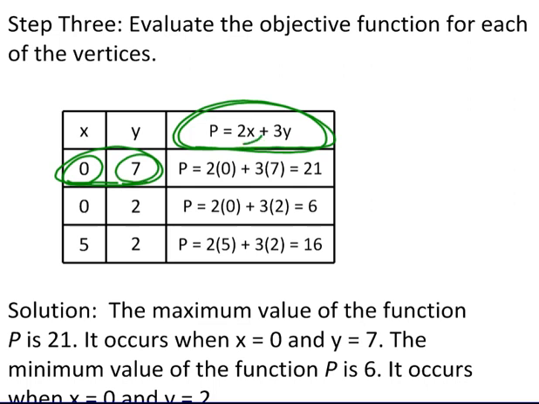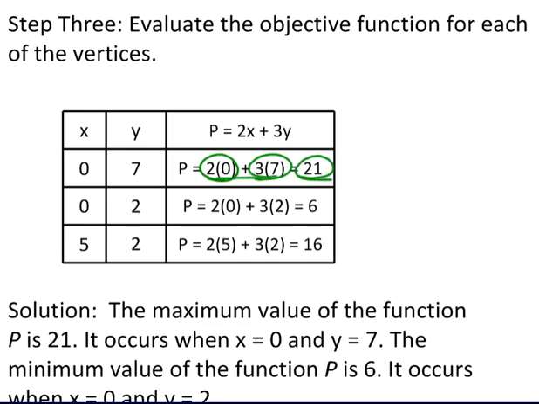I'm going to plug that in and see what I get. 2 times 0 is 0, 3 times 7 is 21. If I add 0 and 21, I get 21. We have to do that for each of the 3 vertices.